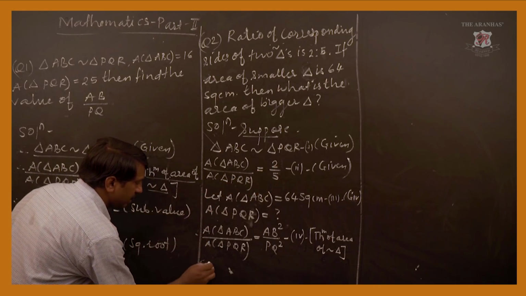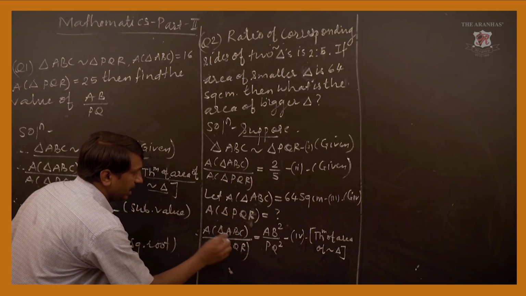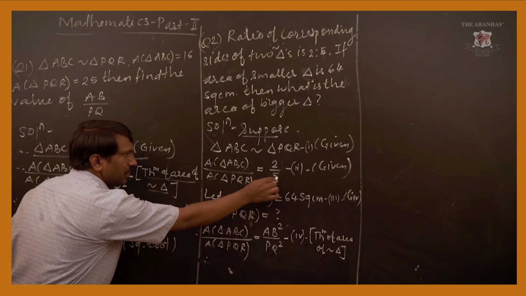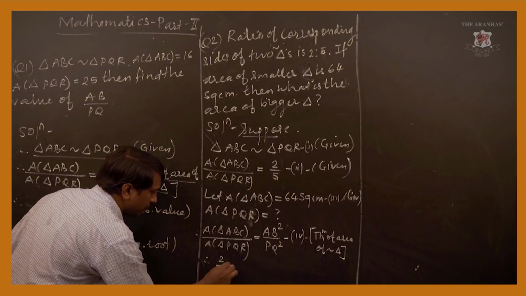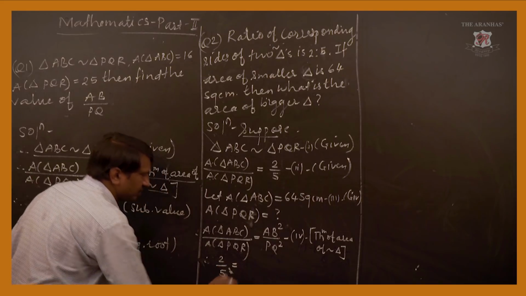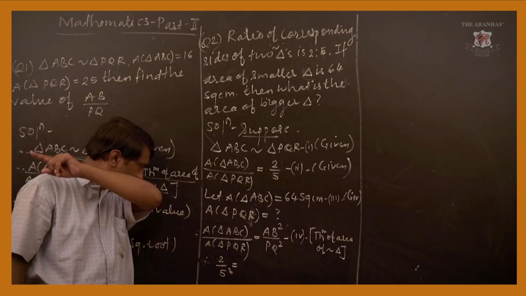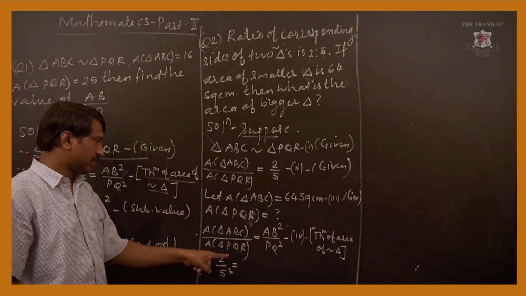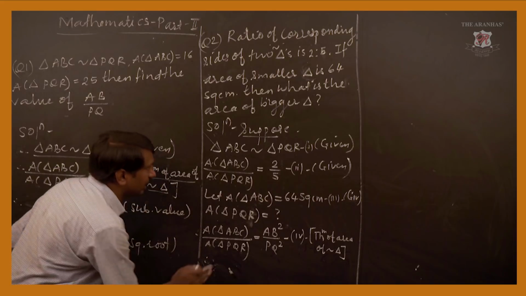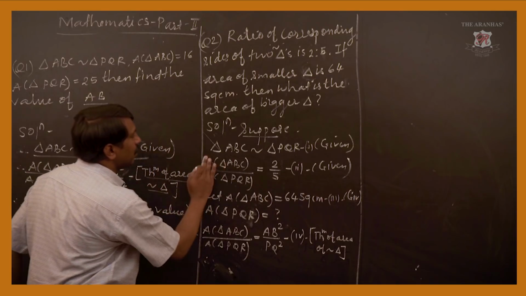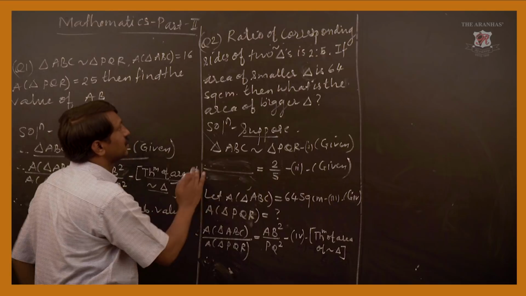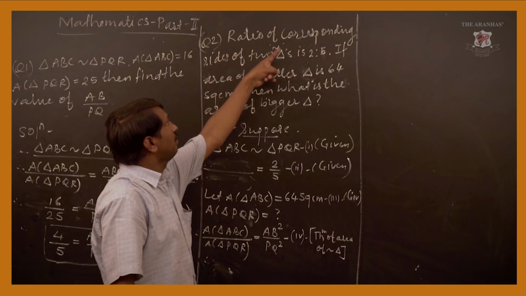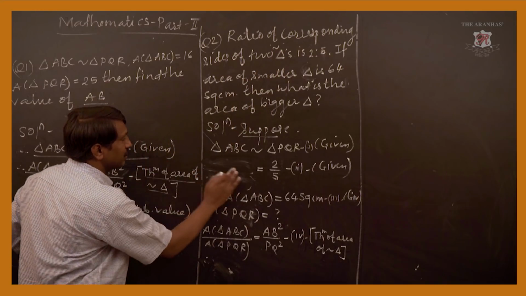Now the next one, what did they give us? Sorry, one more thing, by mistake it was written that this is the area. Actually, what is given is the ratio of corresponding sides. Sorry for that.